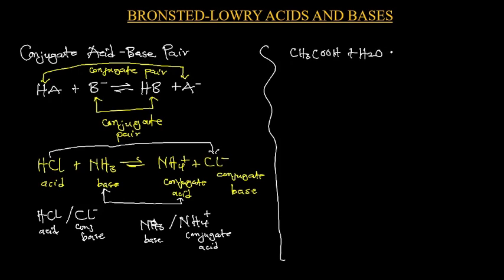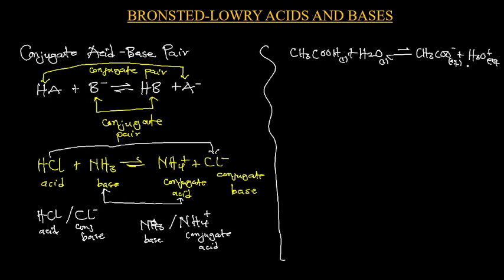This is going to give us CH3COO minus plus H3O plus. Let's say this is liquid and this is aqueous. Aqueous means it is dissolved in water. All right, so what is happening here? You can see that we have ethanoic acid and water, and they give these products.